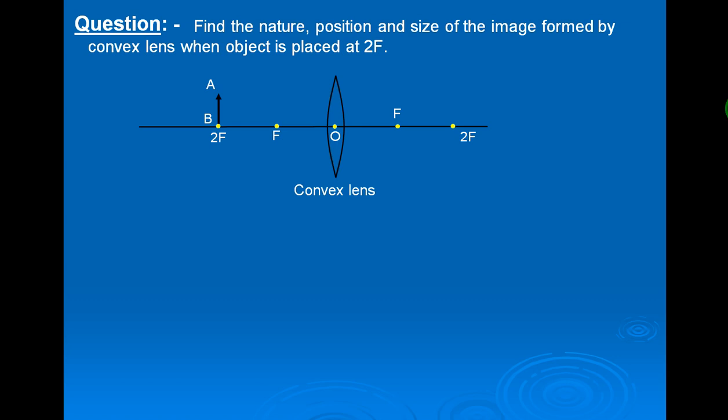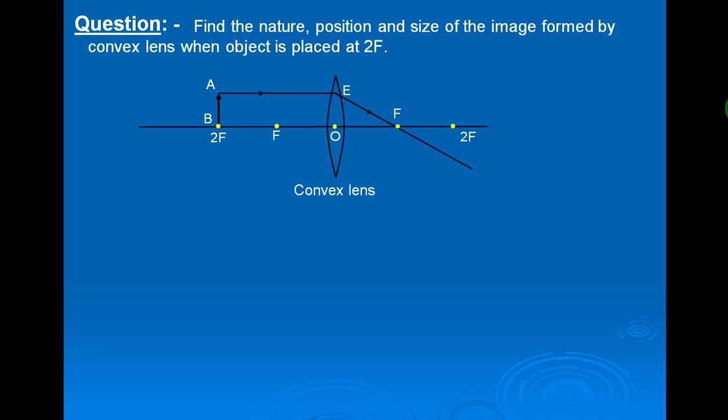To find this, from point A, suppose an incident ray of light which is parallel to the principal axis is incident on the lens at point E. According to the first rule, it must pass through the focus point after refraction.